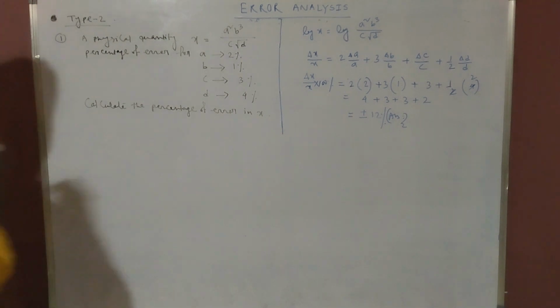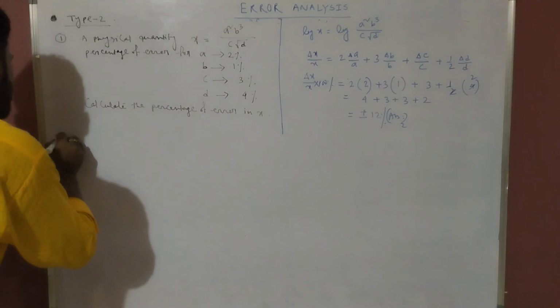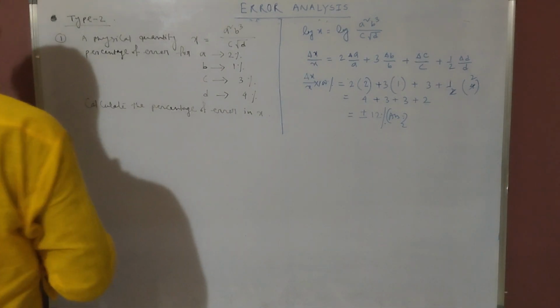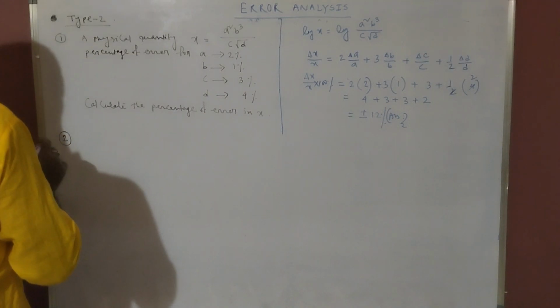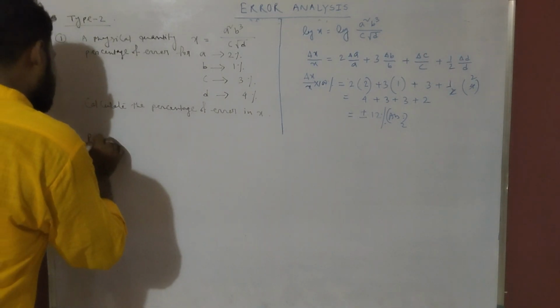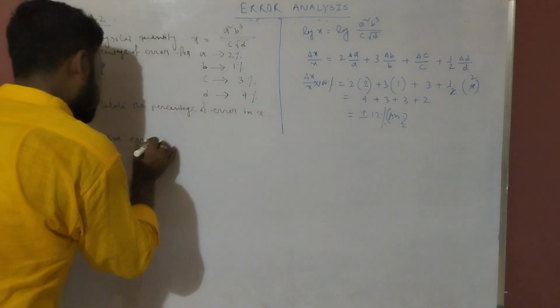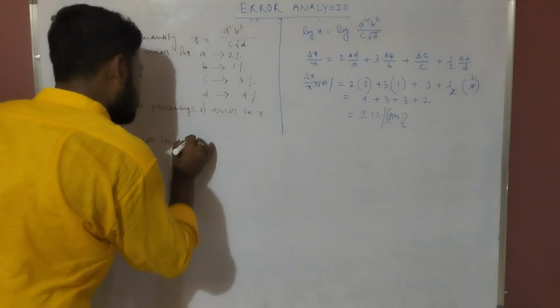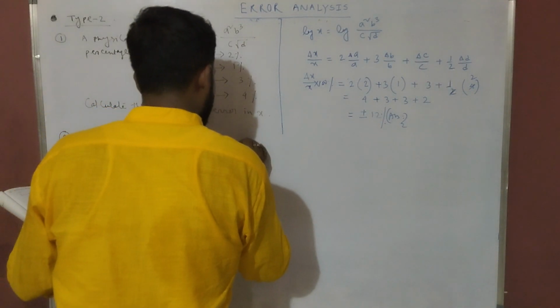Now another problem. Mass of a body, positive error in length L is given as 1%.